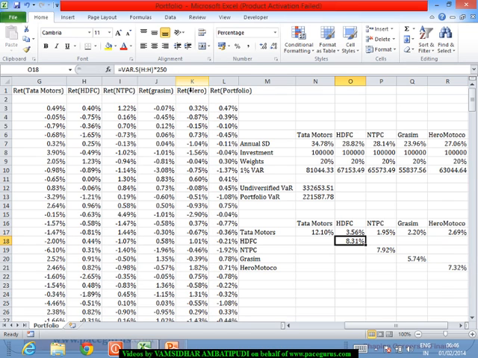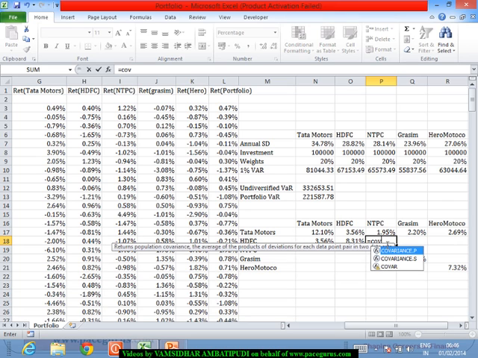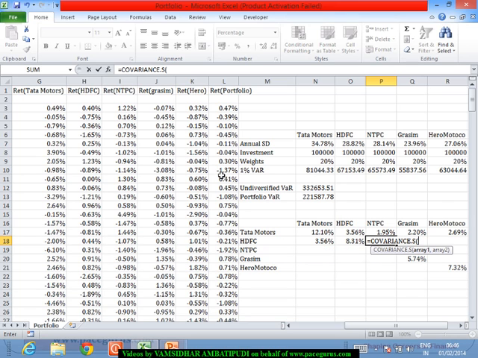So these are the associated covariances, and probably in case of HDFC it is nothing but the opposite of this, right? Because covariance between HDFC and Tata Motors will be the same as Tata Motors and HDFC, because the order does not matter in case of covariance. So here we are also talking about, let's say for the others, HDFC versus NTPC, all the other combinations.